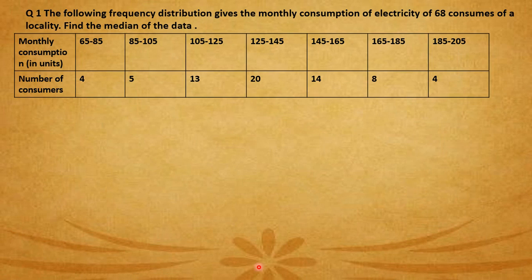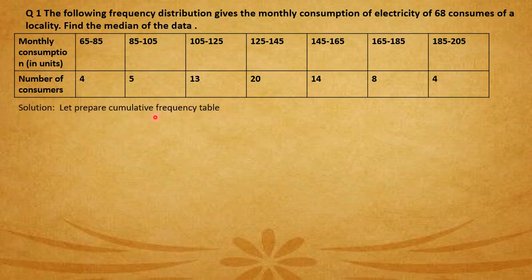Monthly consumptions are given in units and the number of consumers are the frequencies. The classes are 65 to 85, 85 to 105, 105 to 125, 125 to 145, 145 to 165, 165 to 185 and 185 to 205. In the class interval 65 to 85 there are 4 consumers, 85 to 105 there are 5 consumers, and so on. So let's find out the median.